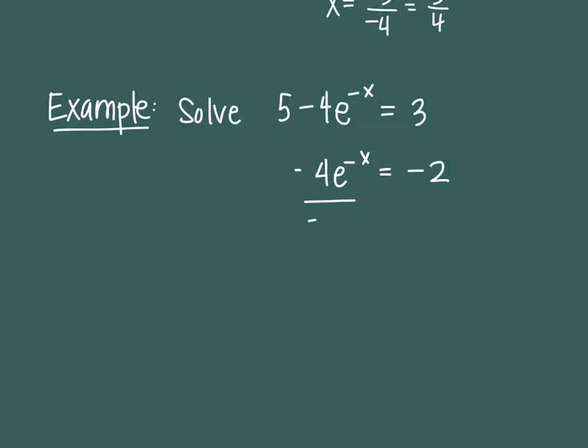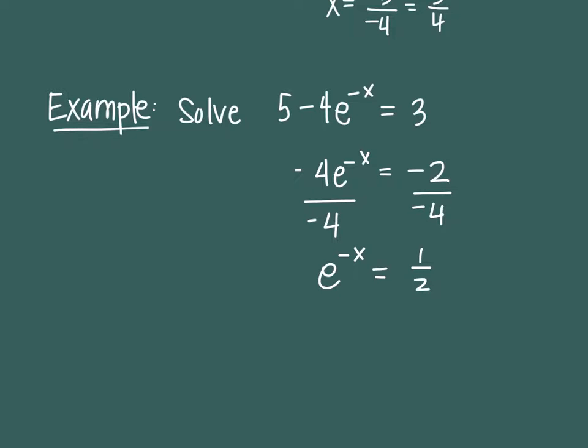Okay, how is the negative 4 connected to the e? Multiplication. Okay, and so you just say, how is it connected? Just like, how is the 5 connected to the rest of the problem? All right, great. Negative 2 divided by negative 4, we got 1/2.